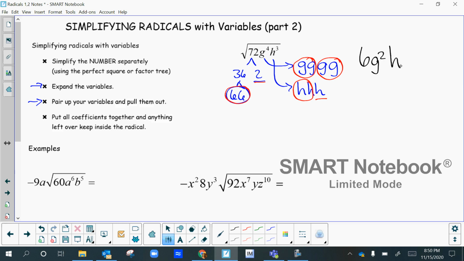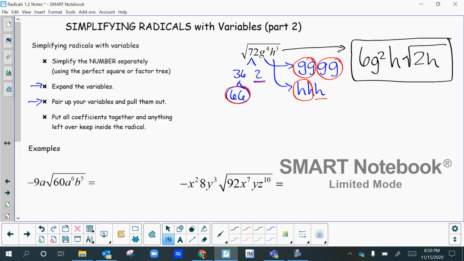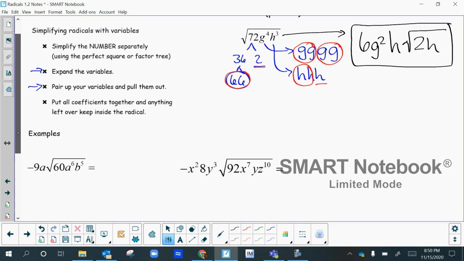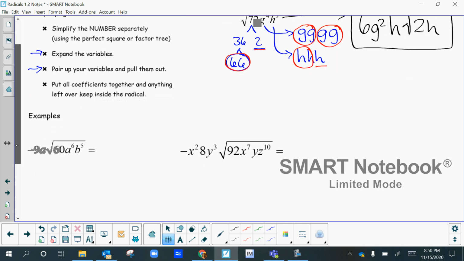So there's my coefficient. So now my radical comes into play, and I have a 2 and an h that is underlined. So 2h will be my radicand. And that's my final answer. So that's what this is simplified. So let's try some more examples with more variables and different numbers, okay?